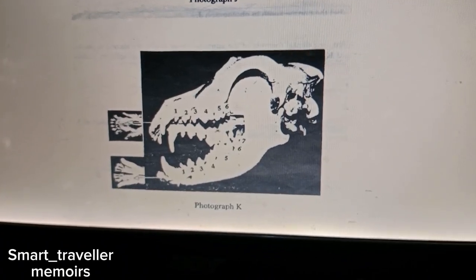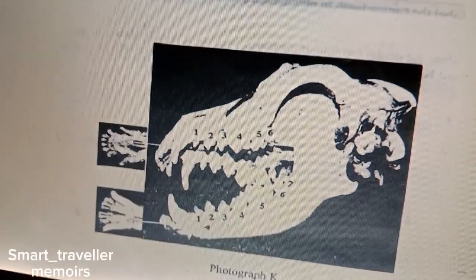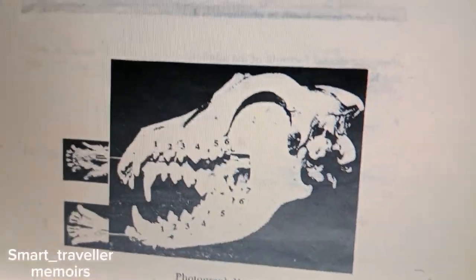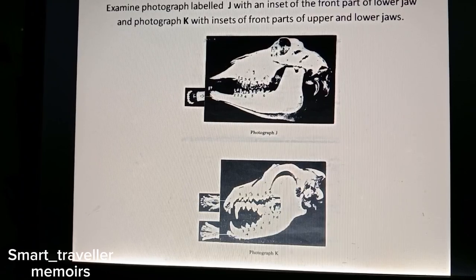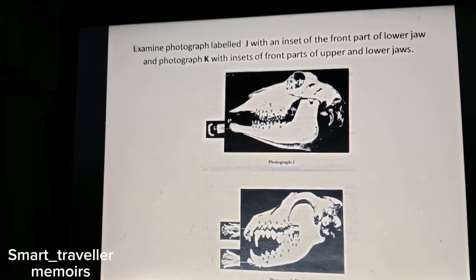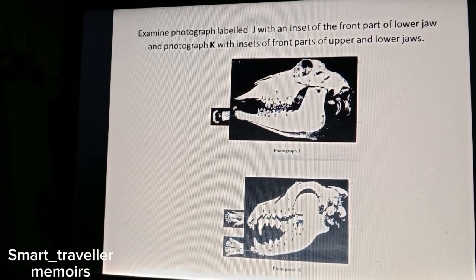And the insets. Okay. So that is K. And that is J. Okay. So there they are.